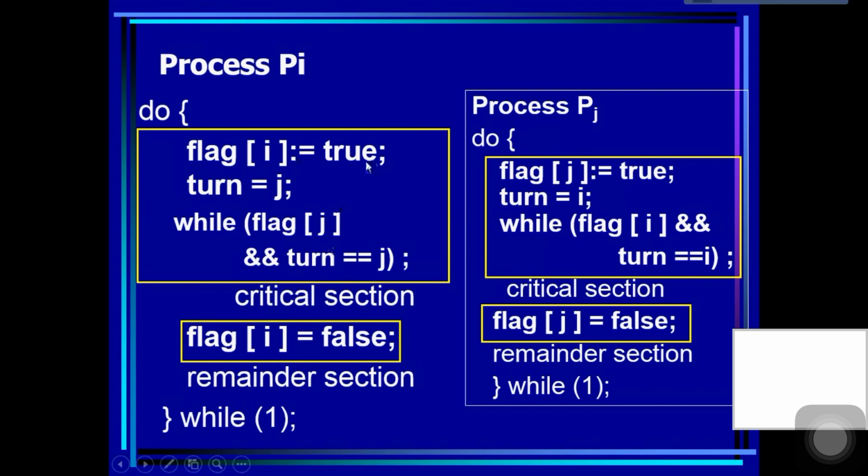So if it equals i, then process Pi can enter its critical section. After that, at the exit section, flag i is assigned false, then process Pj can pass this while statement, then can enter its critical section. So this is bounded waiting.